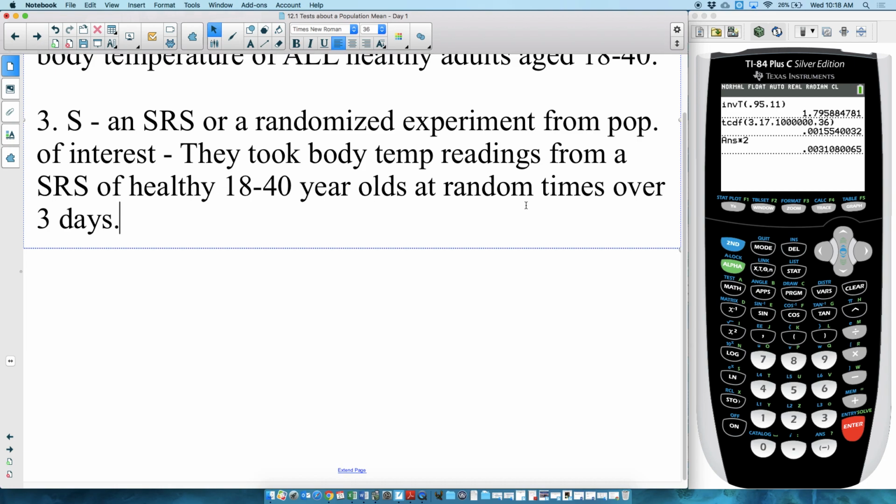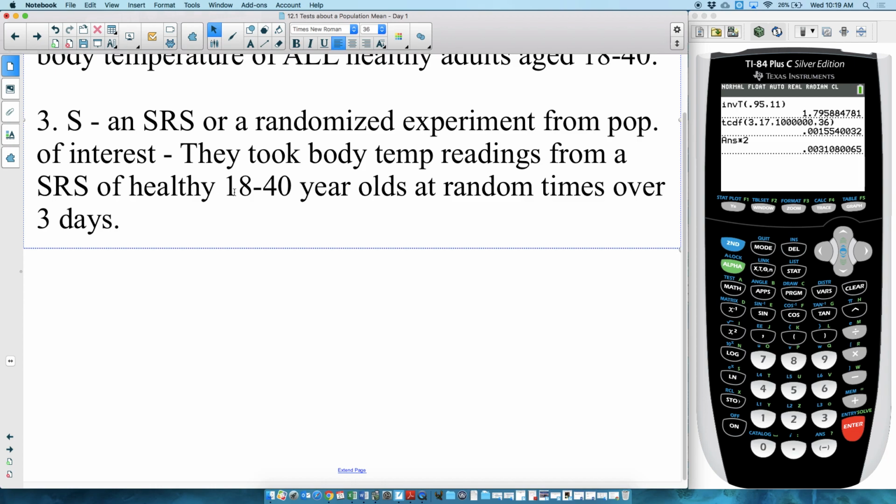If they just did it once for all those people, you'd say since this was an SRS of people, I can assume this is an SRS of body temp readings. But because they have 700 readings, which is more than the people they had, I need to say those 700 are an SRS. So I think I have to say the random times.